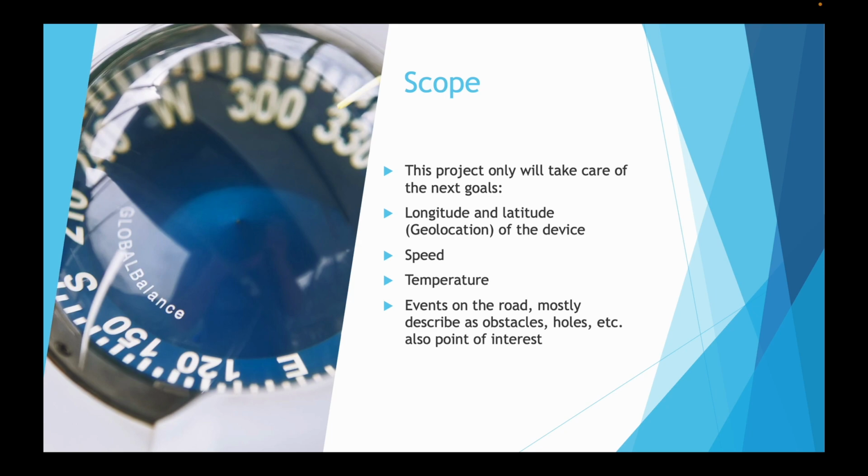The scope of this project is to meet the following goals: gather the longitude and latitude, basically geolocation, using a GPS module; get the speed; get the temperature of the environment at the time we were running the bike; and record some events on the road, mostly obstacles like holes or branches that make riding a bike dangerous, some bumps as well, and maybe some points of interest. So those were our main requirements.